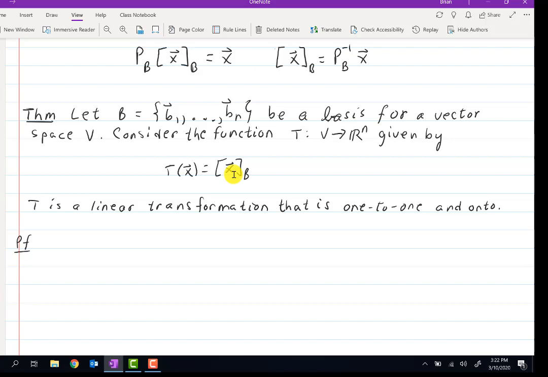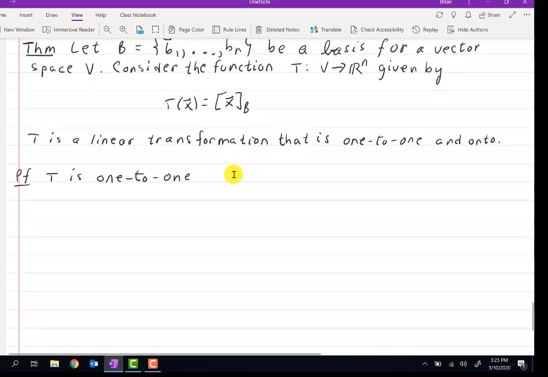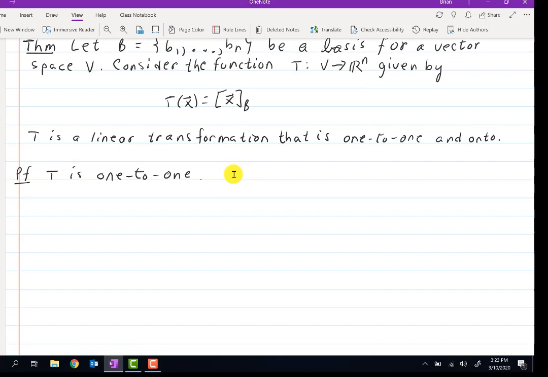And I'm going to explain what the terms mean as we do them. So T is 1-to-1. What that means is the following. If T of x equals T of y, then x equals y. Let's prove that that's actually true.